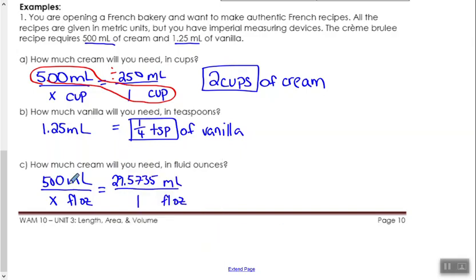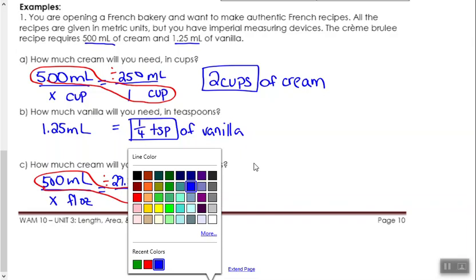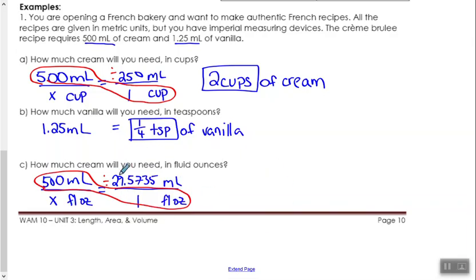So solving your proportion, multiply and divide from the one across. So 500 divided by 29.5735, and we get 16.9070, carrying on, fluid ounces.